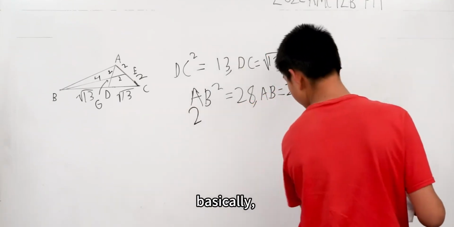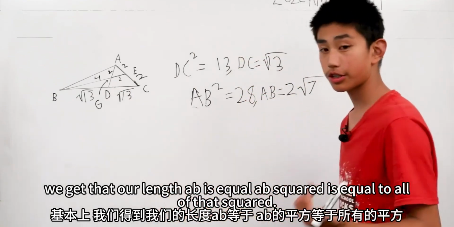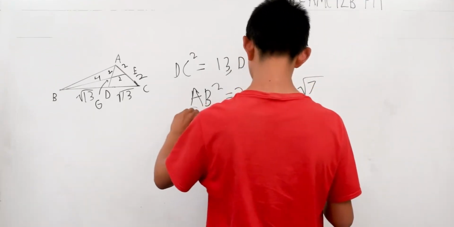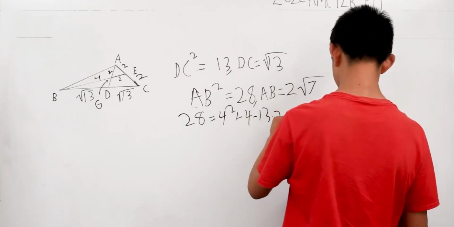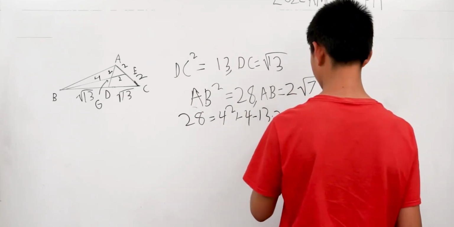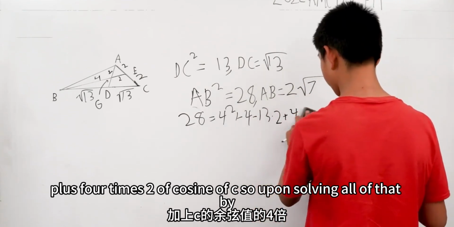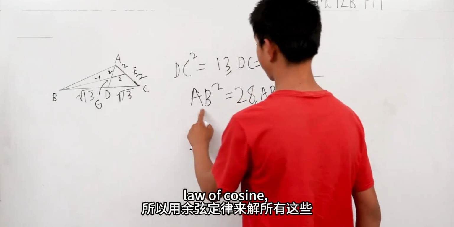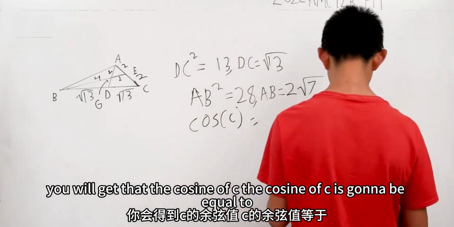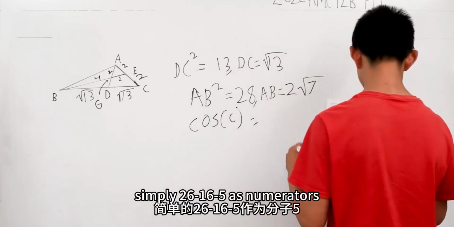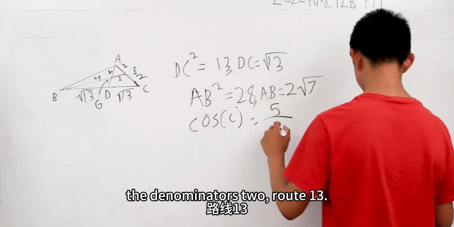So basically we get that our length AB squared, 28, is equal to 4 squared plus 13 minus 2 times 4 times root 13 times cosine of C. So upon solving all of that by using law of cosines again, you will get that the cosine of C is going to be equal to simply 26 minus 16 minus 5. The numerator is 5. The denominator is 2 root 13.